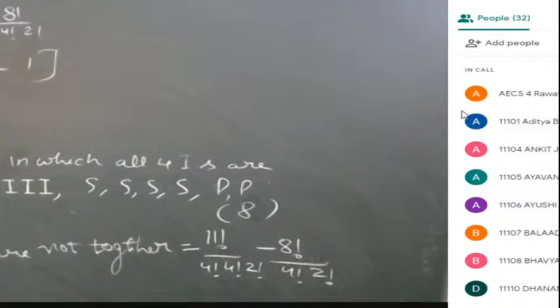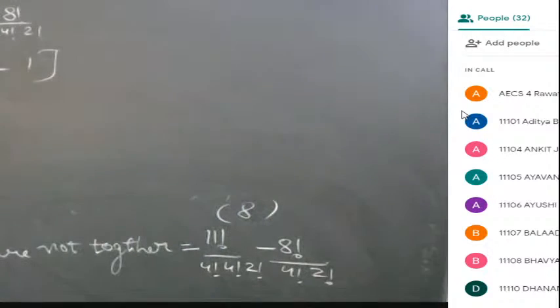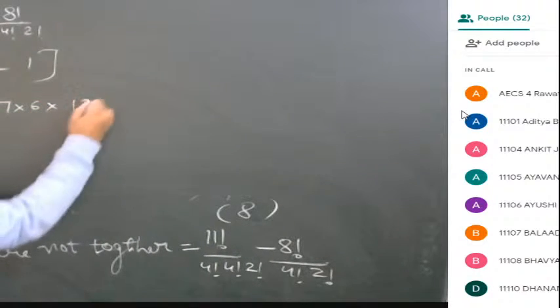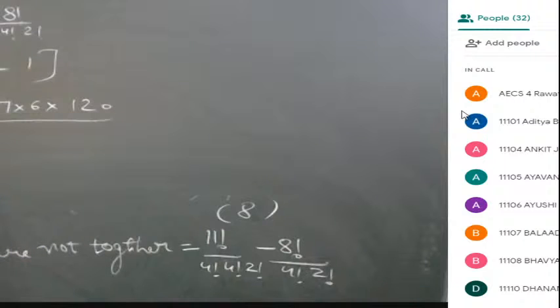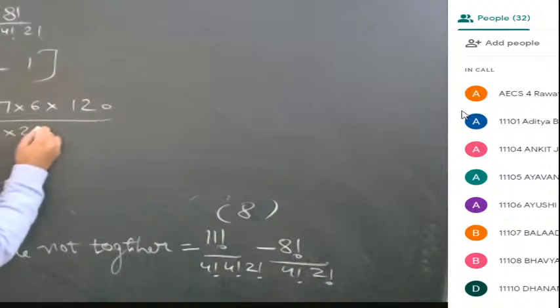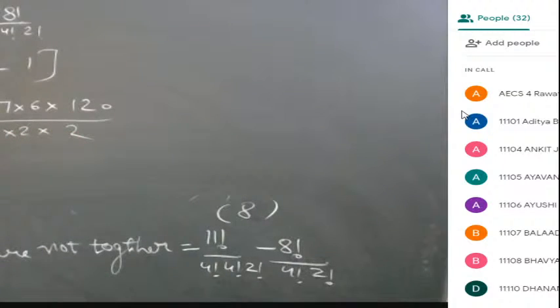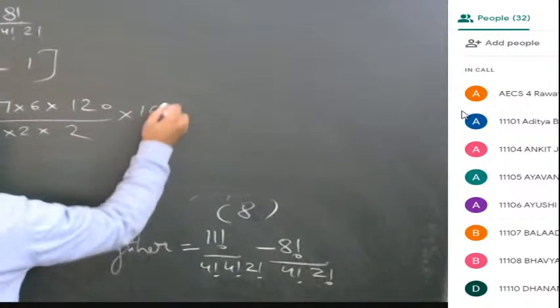I think it should be right. And then you please multiply it fully and tell me what should be the answer. You can completely solve it. 8, 7, 6, 5 factorial is 120, upon 4, 3, 2, 2, into 161 upon 4.